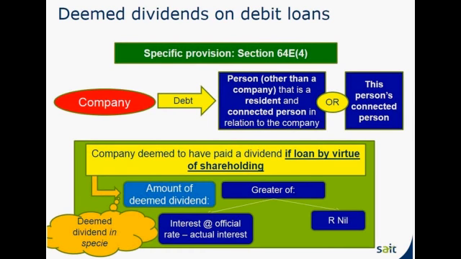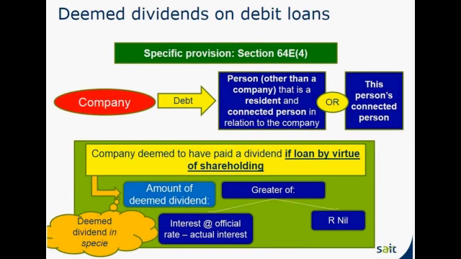Then on long-term interest-free loans to a connected person, as we already saw, the deal would only be triggered by an interest-free loan or a low-interest loan to a connected person, or an interest-bearing loan to a connected foreign person.